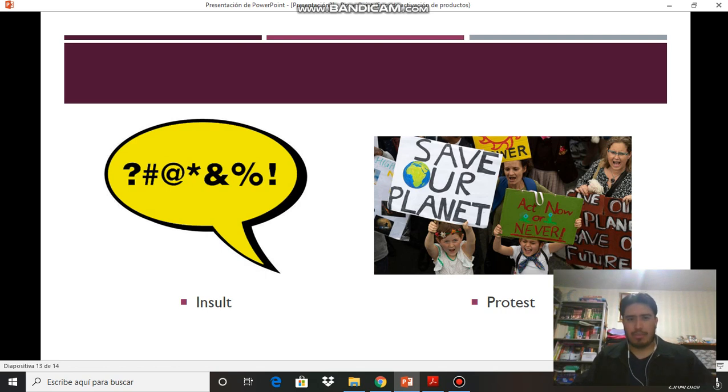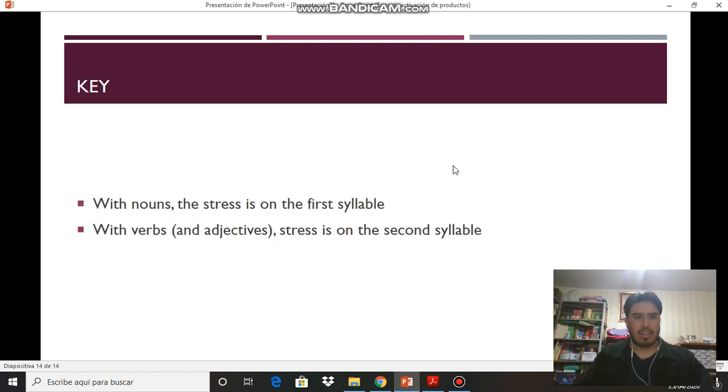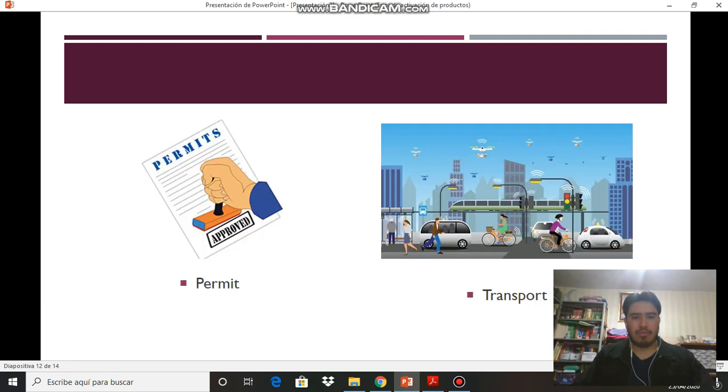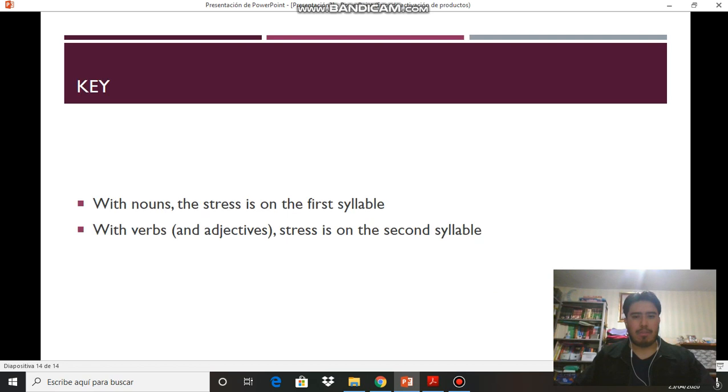And well, as you may have noticed, here we have like the two different intonations. And the key is just here. With nouns, the stress is on the first syllable. So from all the previous words that we mentioned before, if we put the stress on the first syllable, we are talking about a noun, a thing.